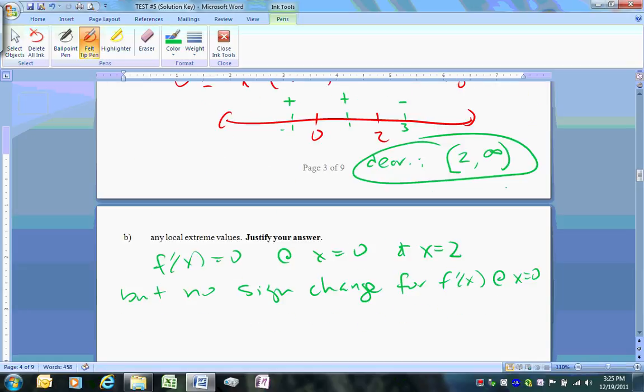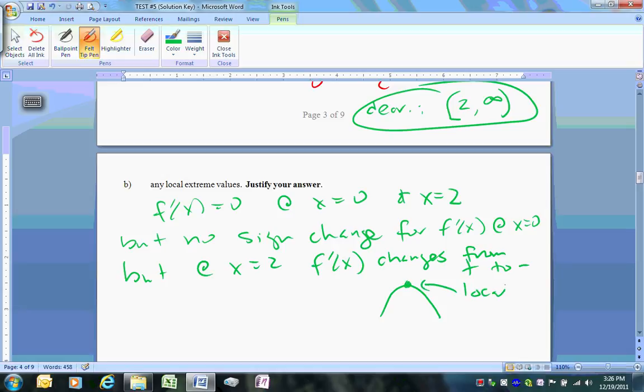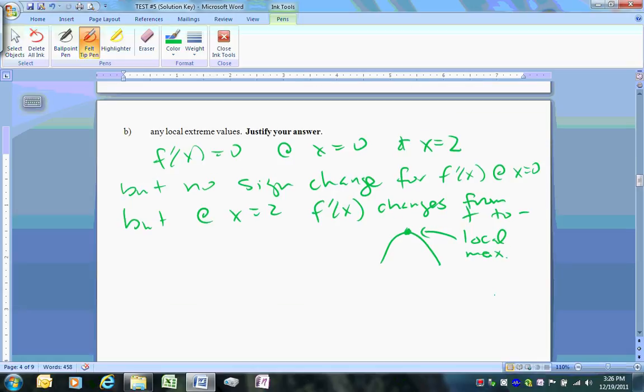But there is one at x equals 2. F prime x changes from plus to minus. So that implies that we're going to have a local max. Or relative max, however you want to call it.